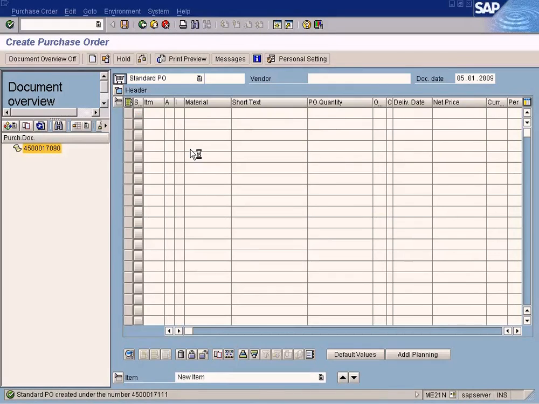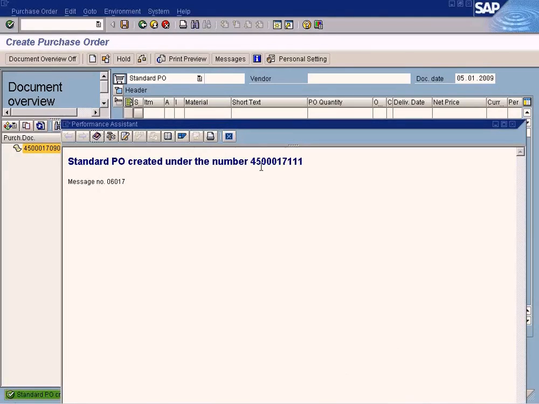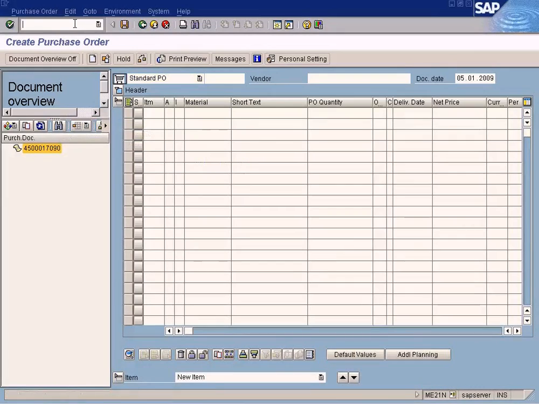Now we copy this purchase order and go to MIGO.